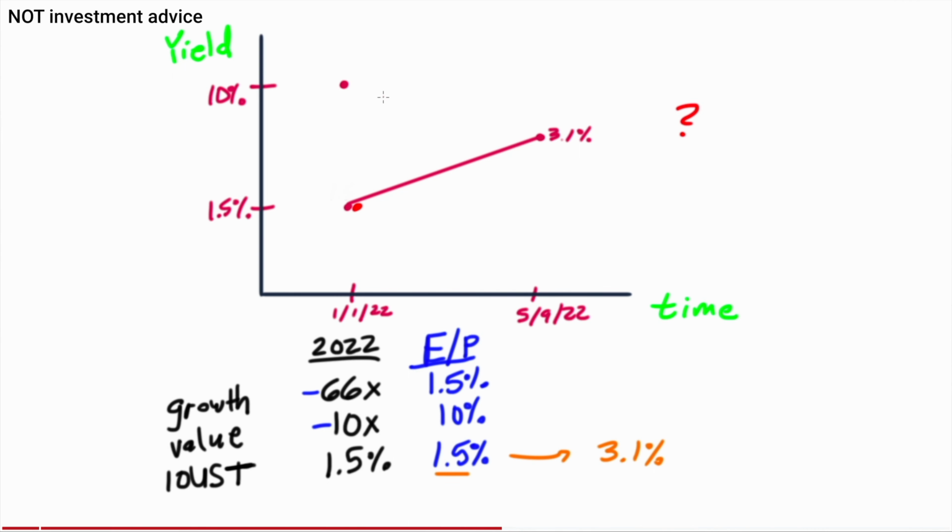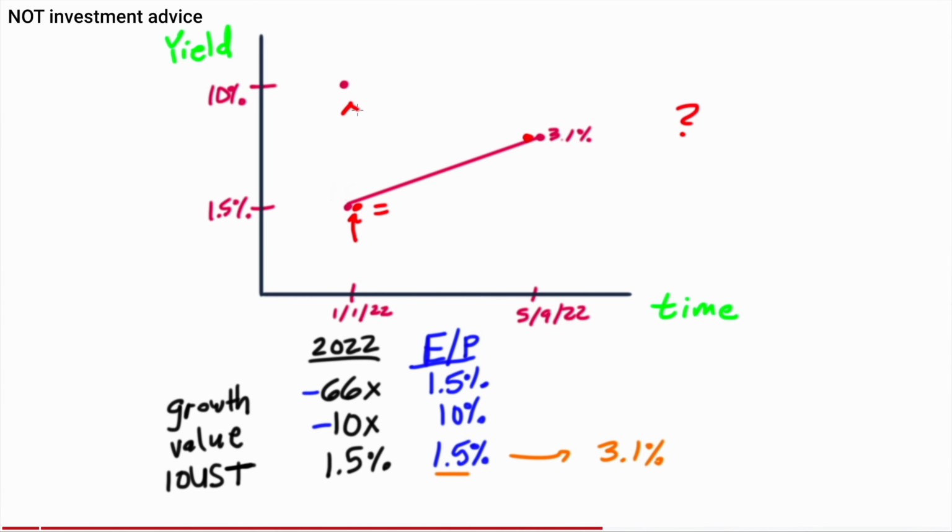Well, we can't know exactly, but let's just assume that the earnings yield for these also matches exactly the relationship that it had prior to yields going up. So in the case of the growth stock, we had the earnings yield equal to the US Treasury yield. So we can calculate that the earnings yield now with the 10-year at 3.1 is going to match the earnings yield of the growth stock at 3.1.